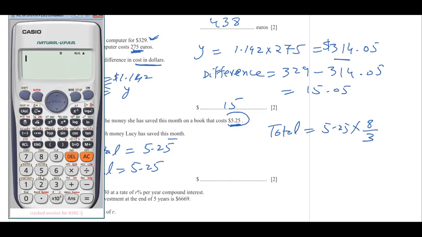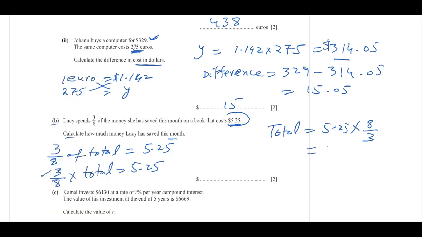So 5.25 multiplied by 8 divided by 3, that is 14. It means she was having $14 as saving, that was spent on buying this book. All right.